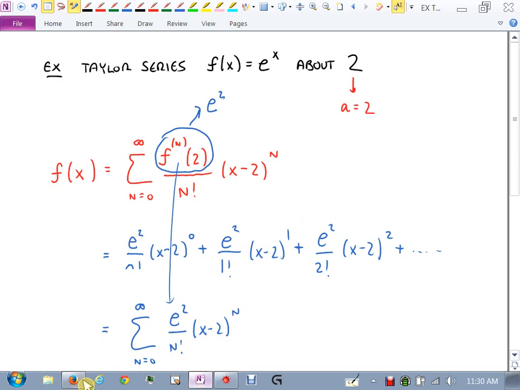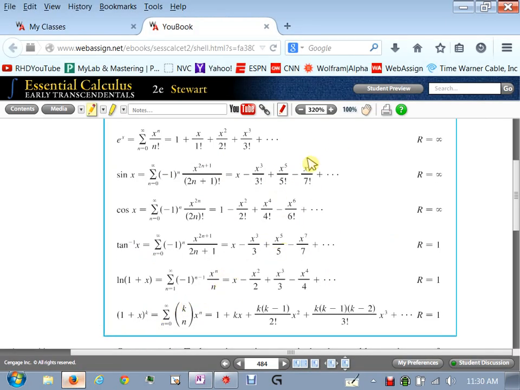I didn't mention that on this page, but notice on the end of this, next to these, do you see where it has this? This is your radius of convergence, which is telling you the length of your interval of convergence. So this is saying e to the x works for all x's. Your radius of convergence is everything. Sine x, same thing. Cosine x, same. Now arctangent is different.